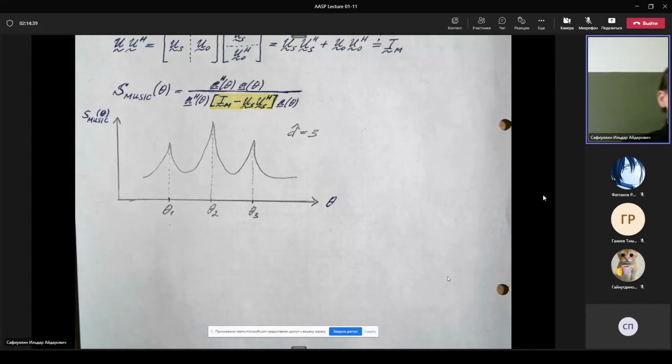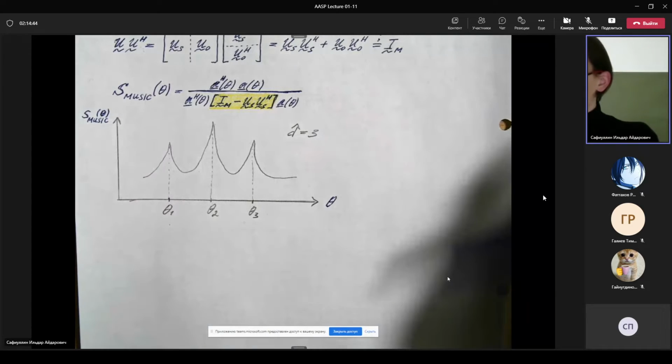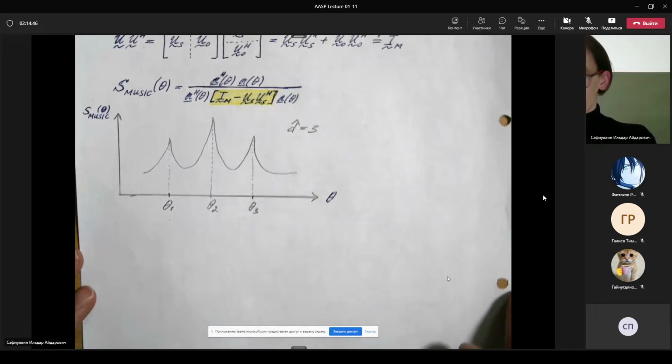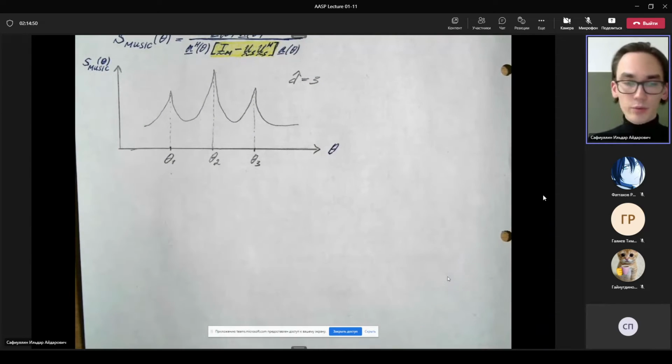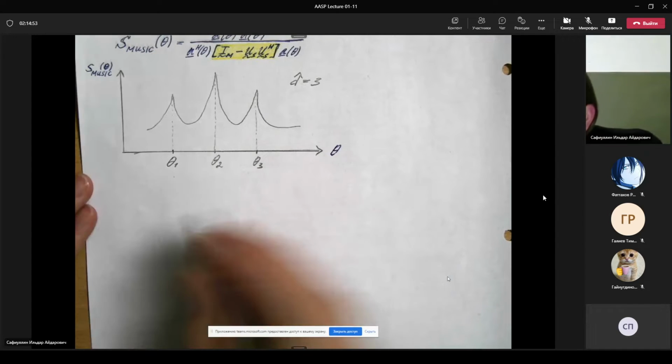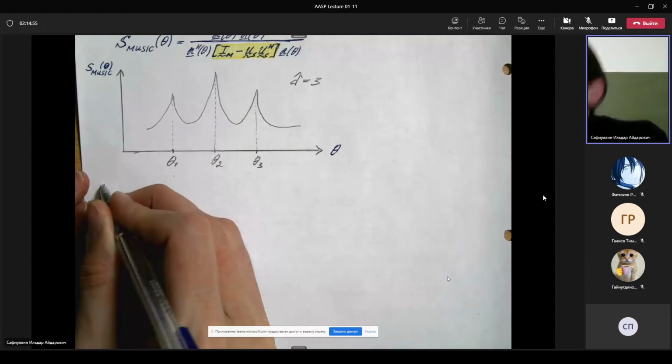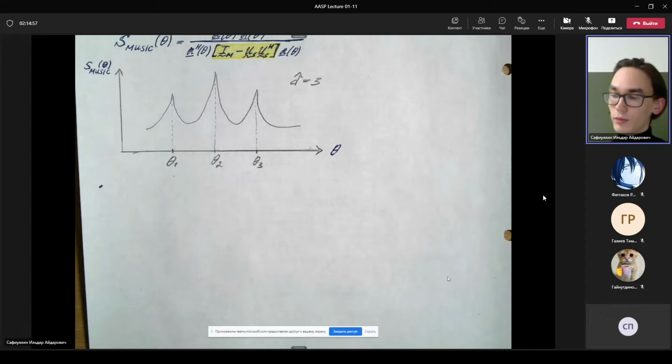And which main disadvantages do we have for this spectral MUSIC algorithm? So you can see that we need to find the subspaces.